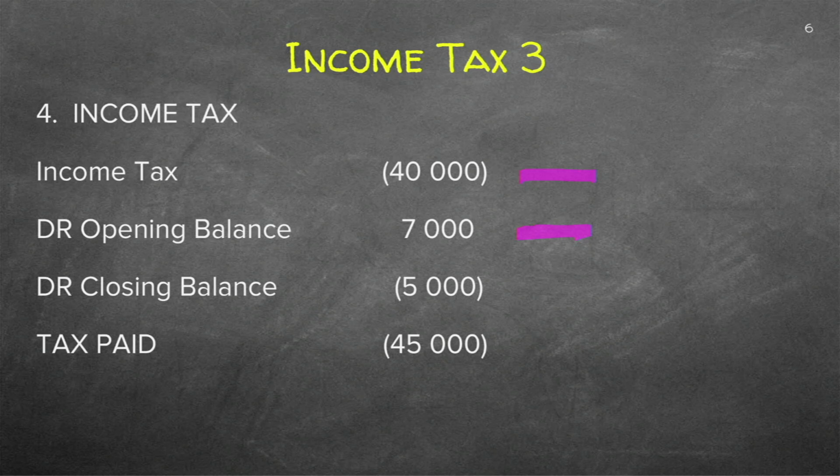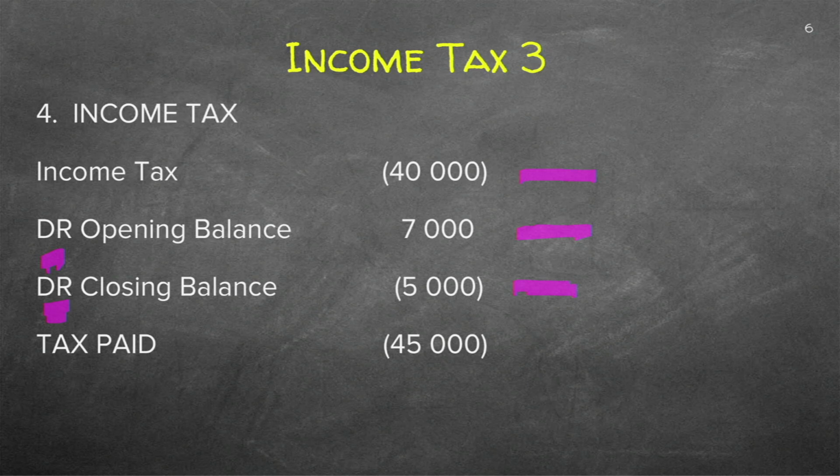That tax was paid in the previous financial year, and so the opening balance was not paid for this year. So money for the opening balance did not flow out. Therefore, no brackets. And then the closing balance is 5,000 Rand. And can you see they're both debit? And so we have paid 5,000 Rand too much. Hence, I've got the amount in brackets.